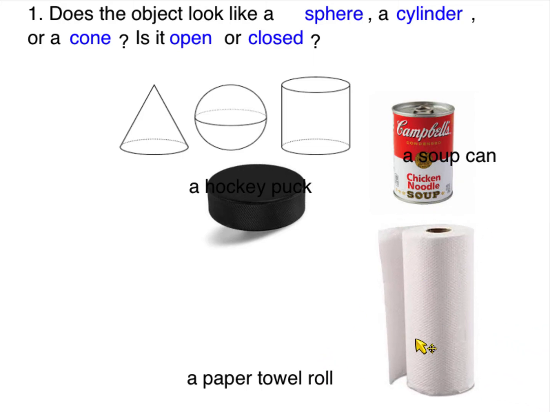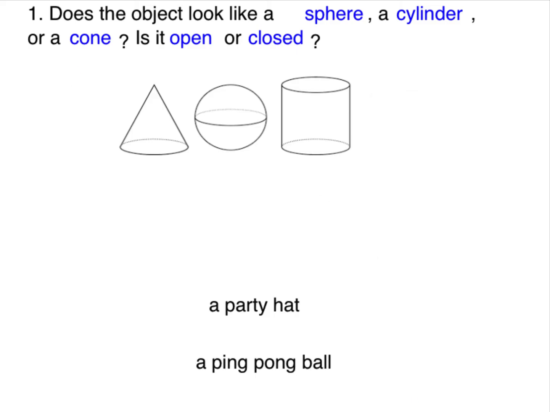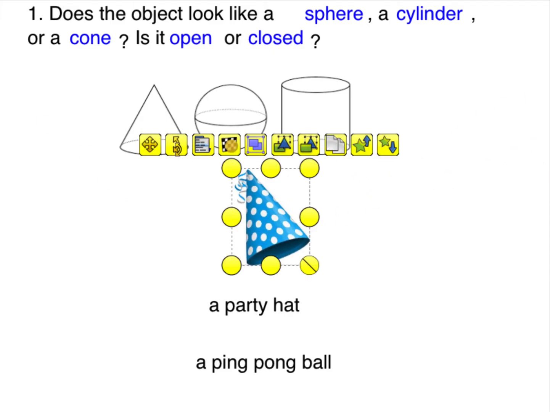Paper towel roll. Well, it's got the paper towel still on it. Doesn't have a point on a top or bottom, not round like a ball. Circle on the top and circle underneath, but see how it's open because it doesn't have the top on it, so it's an open cylinder. Party hat. We already did party hat.